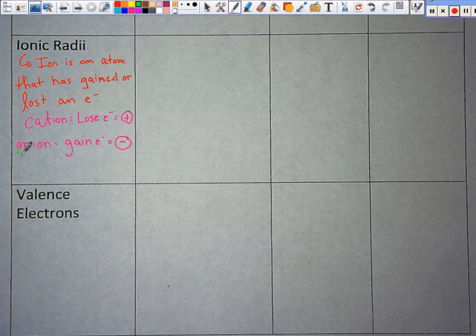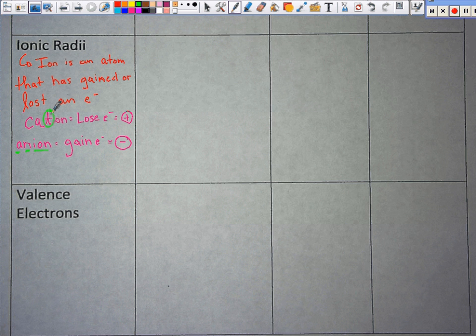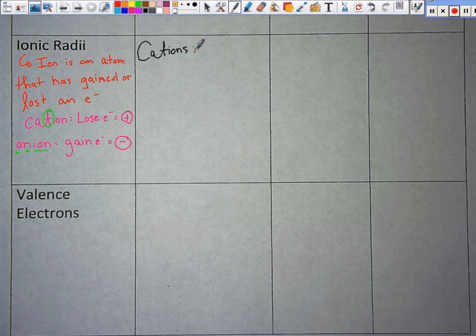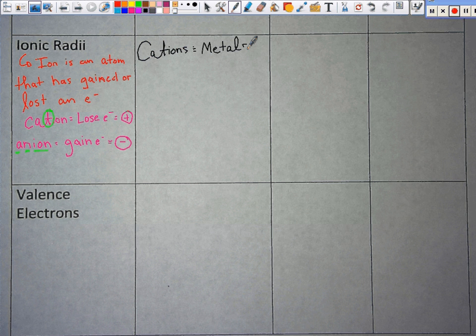One thing that I do want you to grasp and understand is that cations are going to be metals. This is something really, really important. Cations are going to be metals. And in that term, I told you this in your notes, it's going to be group 1, group 2, the transition metals.